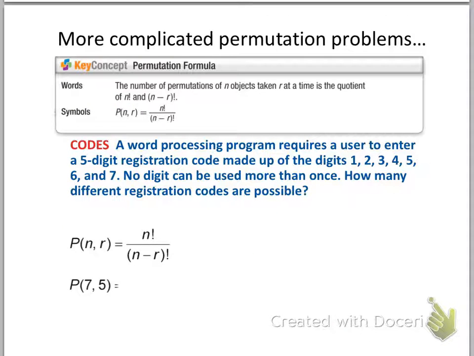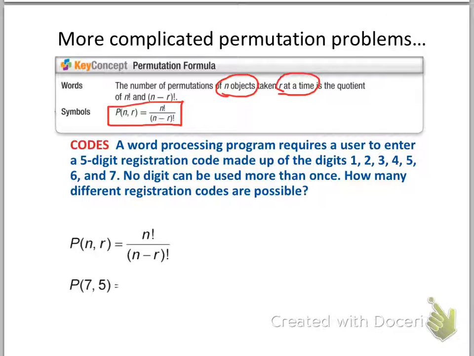Okay, so there are more complicated permutation problems, and we'll get into the difference here in a minute. It'll be really easy for you to see. So this formula here is what is going to help you when we're doing this problem. N is the number of objects, and R is how many at a time you're going to use.